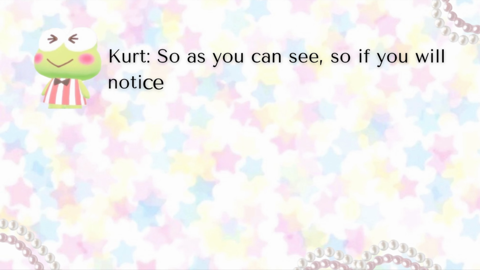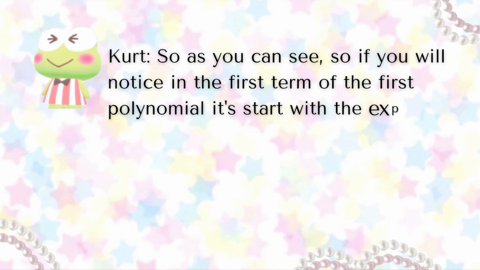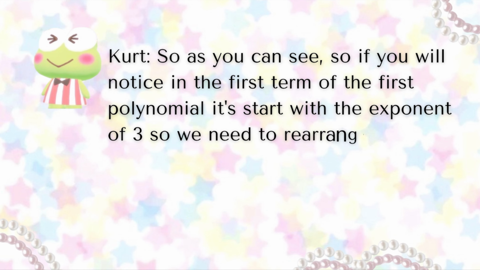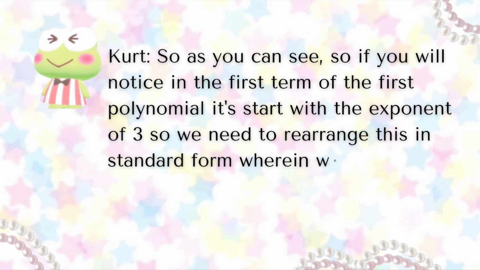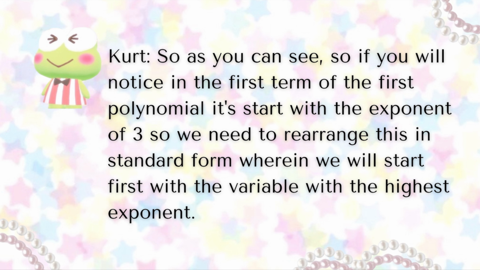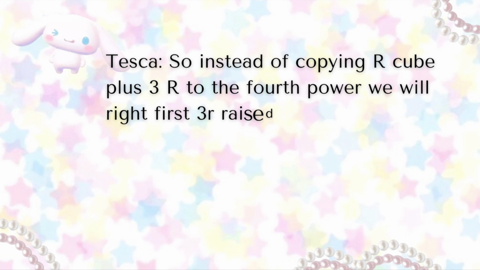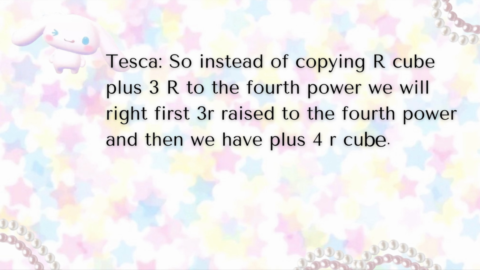If you will notice, in the first polynomial, it starts with the exponent of 3. So we need to rearrange this to standard form, wherein we start with the term with the highest exponent. So instead of copying 4r³ + 3r⁴, we will write first 3r⁴ and then plus 4r³.